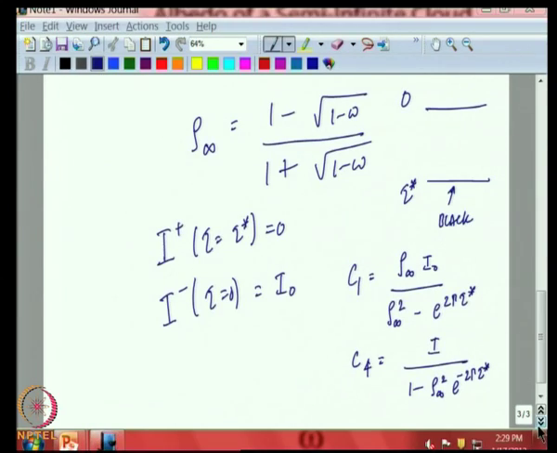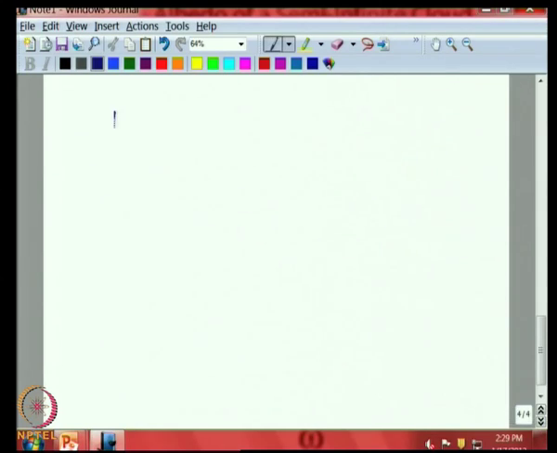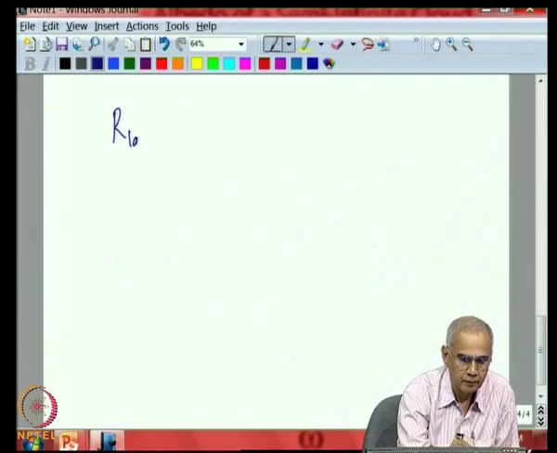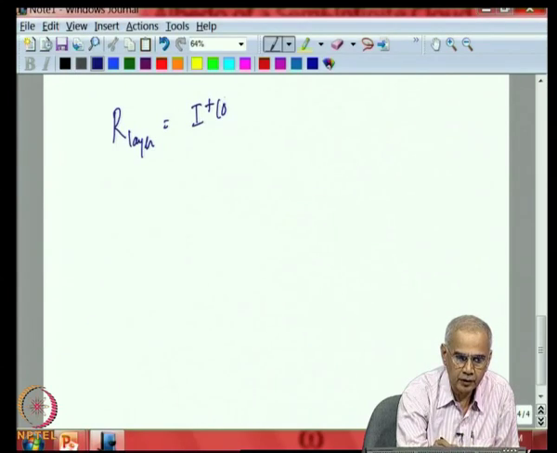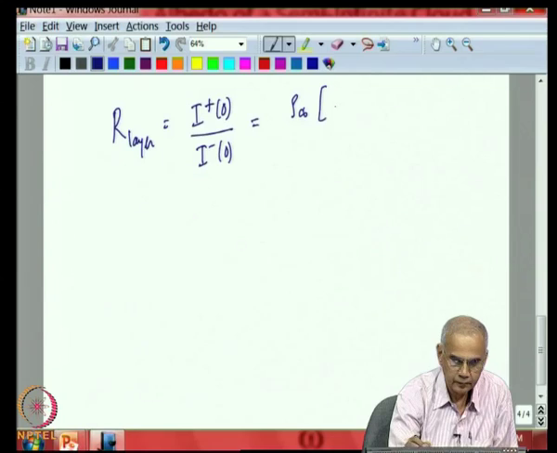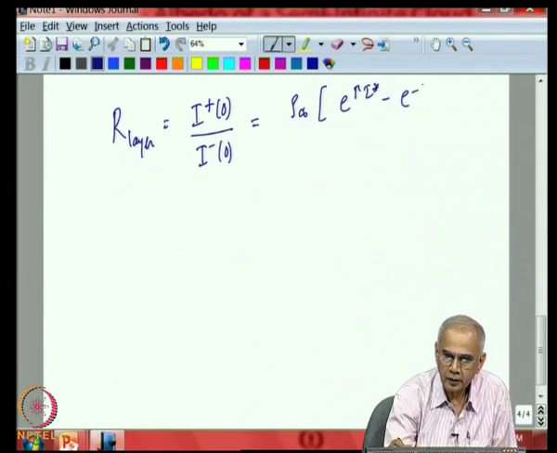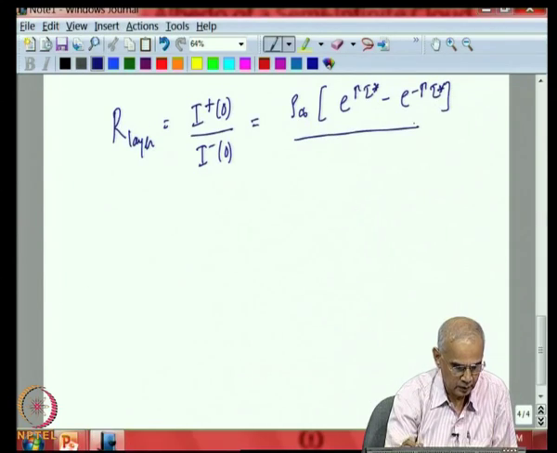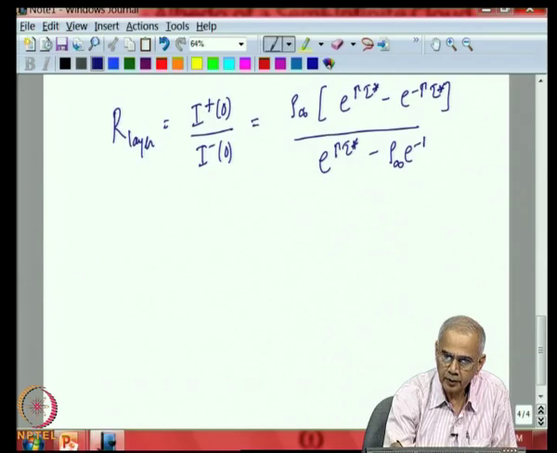So, the reflectivity of the layer is nothing but I plus at 0, the upward flux, divided by what is coming down, and this you can write as rho infinity times e to the power of gamma tau star minus e to the power of minus gamma tau star, divided by e to the power of gamma tau star minus rho infinity squared e to the power of minus gamma tau star.